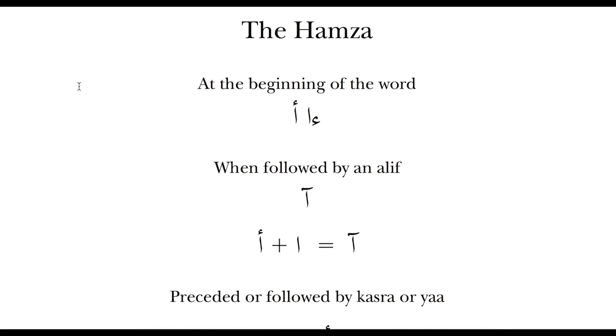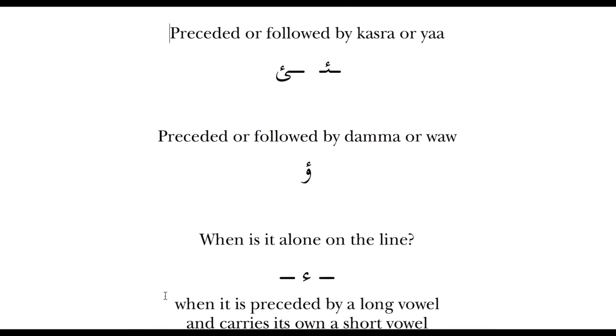But I'm giving you here the basics: at the beginning of the word, it's either on the Alif or in front of the Alif. When followed by an Alif, you don't want two Alifs in a row, so it becomes this Madda, Alif Madda. When it is preceded or followed by a kasra or a ya, it's on the tooth or on top of the ya at the end of the word.